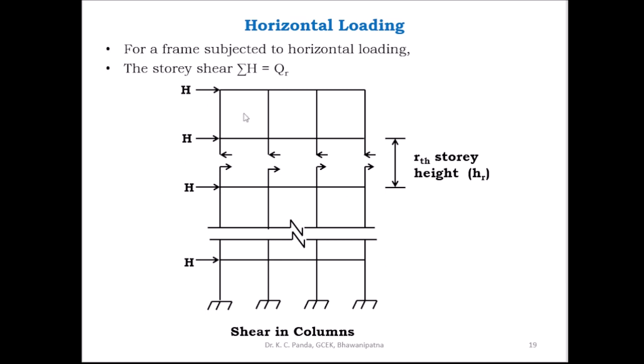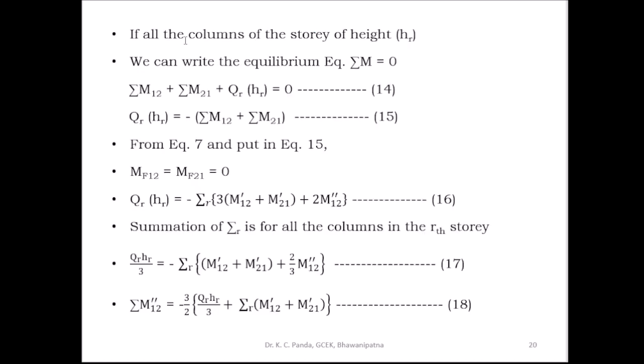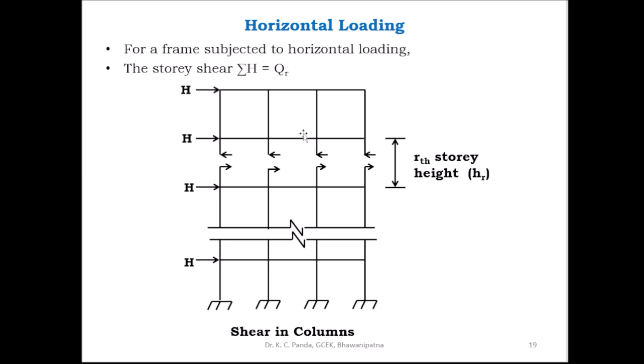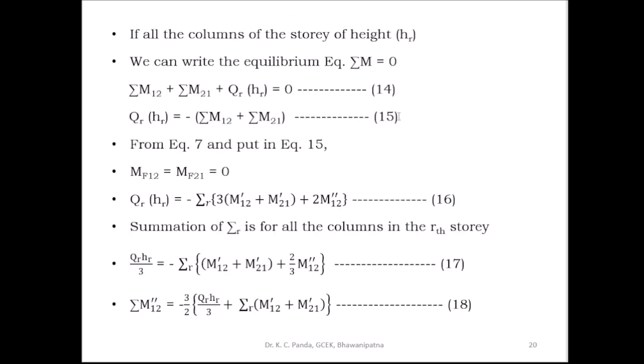This is the multi-story frame, and this is the horizontal shear H. This is shear in columns, and this is the earth story, and the height of this story is HR. And for frame subjected to horizontal loading, the story shear summation of H is equal to QR. If all the columns of the story are of height HR, we can write the equilibrium equation summation of M is equal to 0.